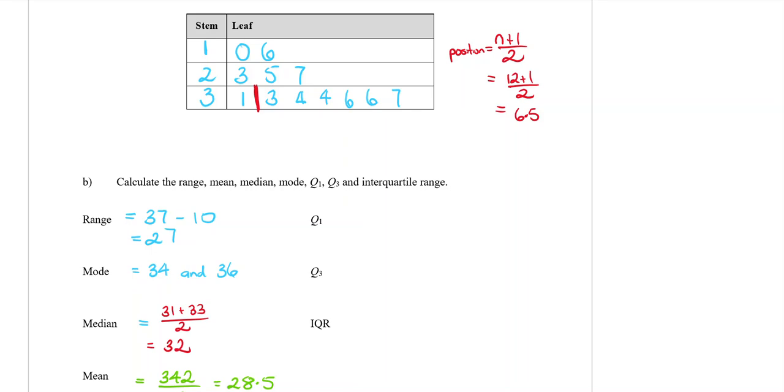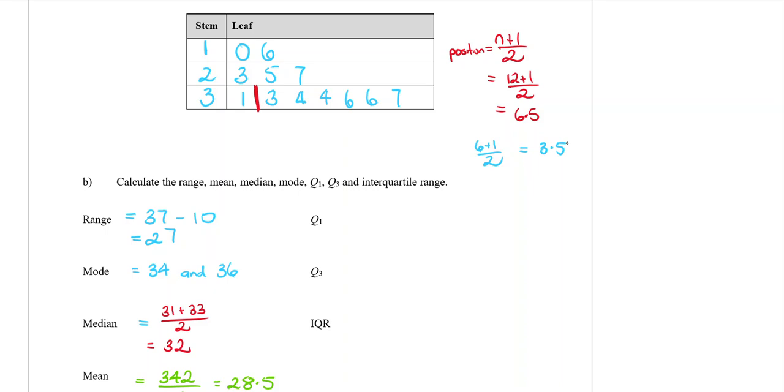Okay? So, if I did 6 plus 1 over 2, because that's how many numbers I have in the lower half, what will that give me? 3.5. Good. That's the position of where the quartiles are, between the third and the fourth number.